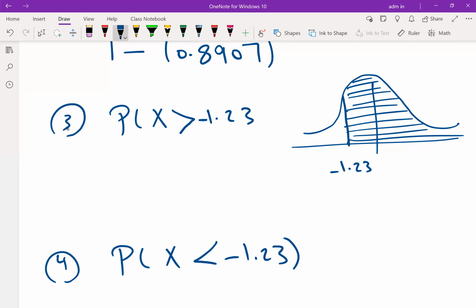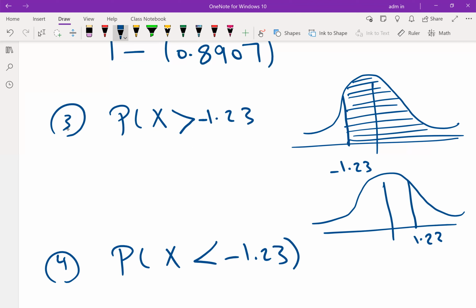The curve is symmetrical, so I will switch the area to be the same. If we switch negative 1.23 to the positive side, it is exactly the same area, so go down to the table. The probability of x more than a negative value is exactly the same as less than the positive value.